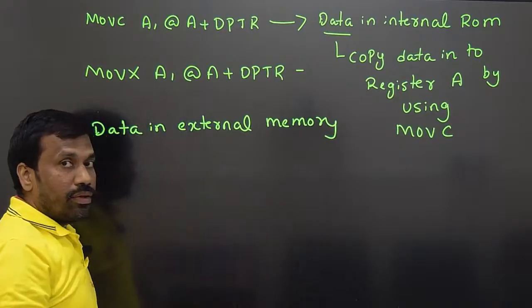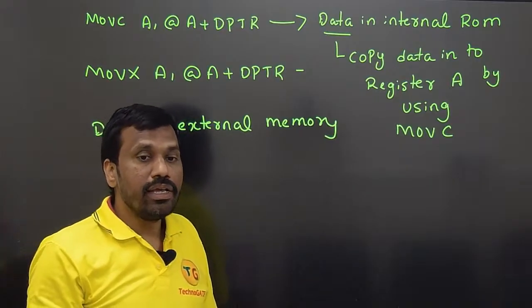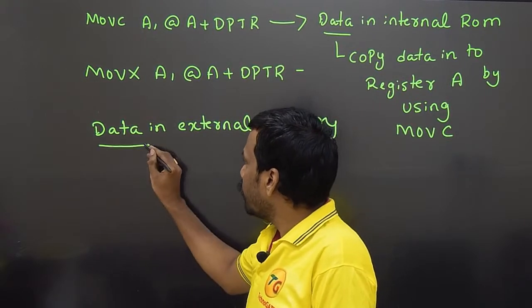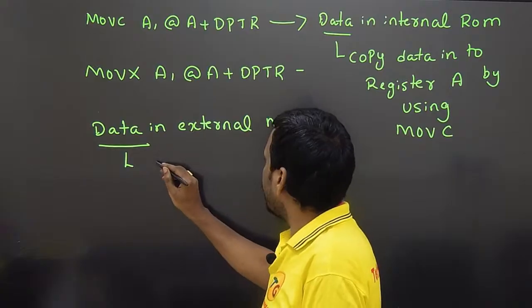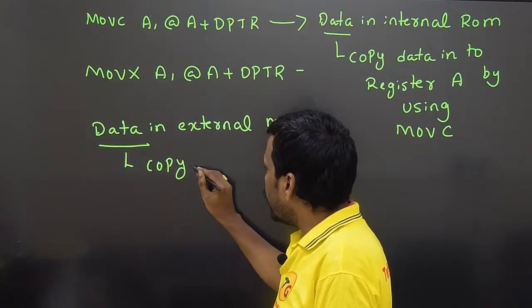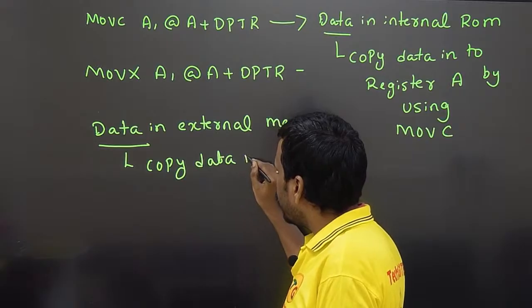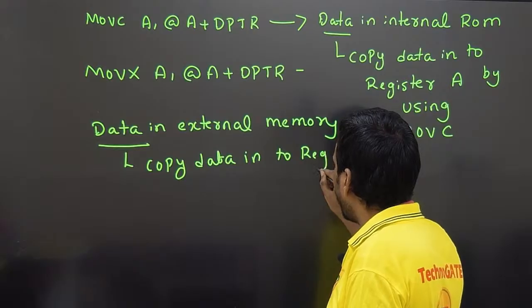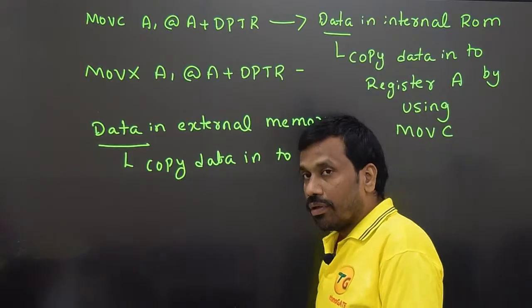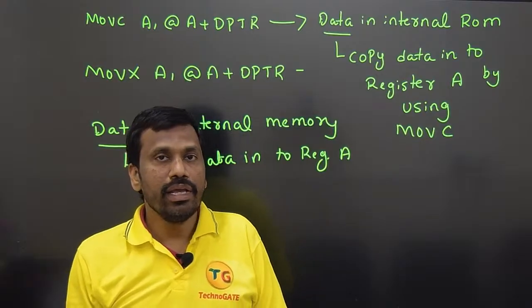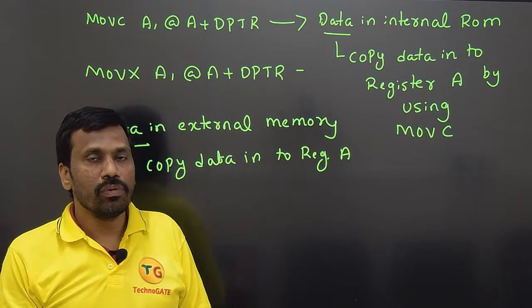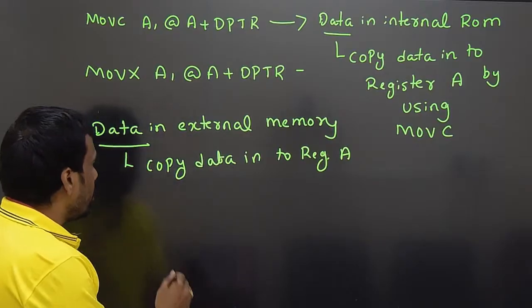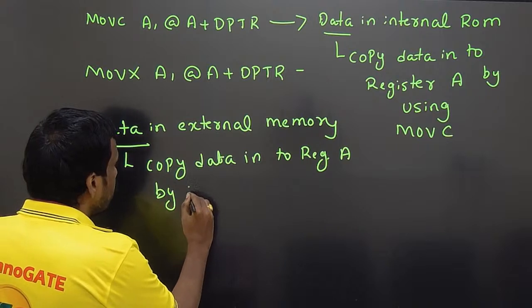Some data is there in the external memory, and you want to copy this data into register A. So how will you do that? By using MOVX.